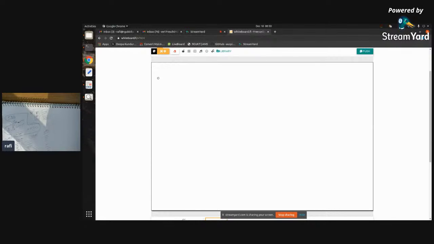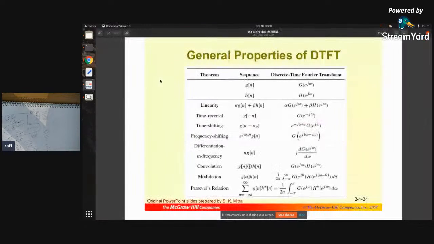What does the modulation property say? When you multiply two signals, in the frequency domain they get convolved. This we have seen yesterday.